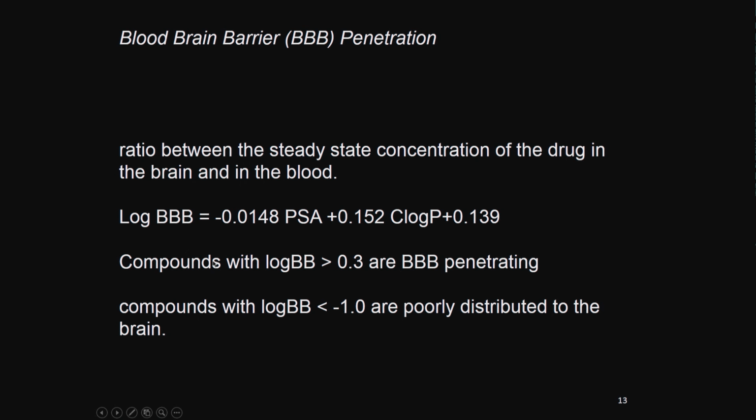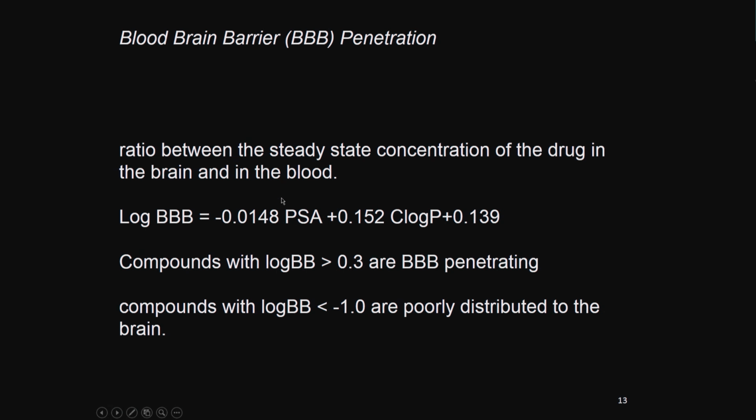If you calculate this log BBB using this equation and it is greater than 0.3, then we can say they are penetrating. If it is less than -1, they are poorly distributed. That means less than -1 could be very hydrophilic, so they do not enter the BBB, whereas if it is greater than 0.3, they enter.